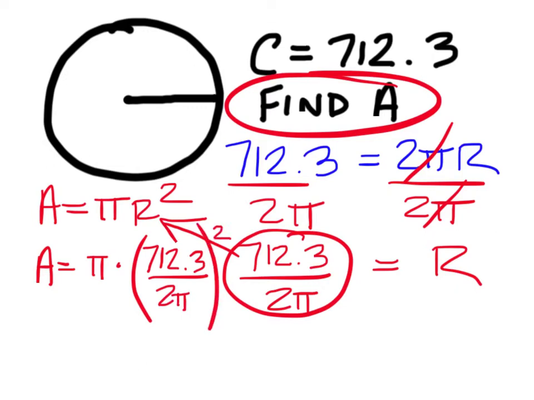Here's how you type it into the calculator. You want to hit pi first and then times.